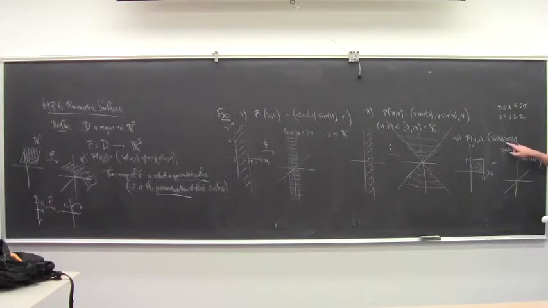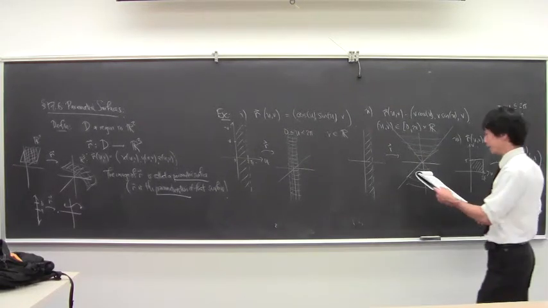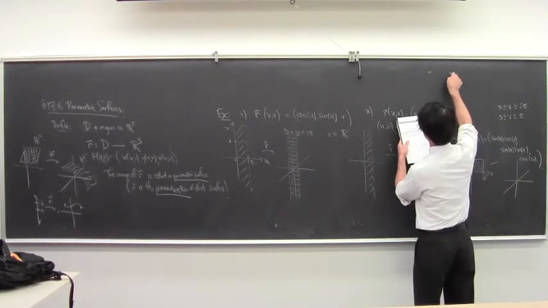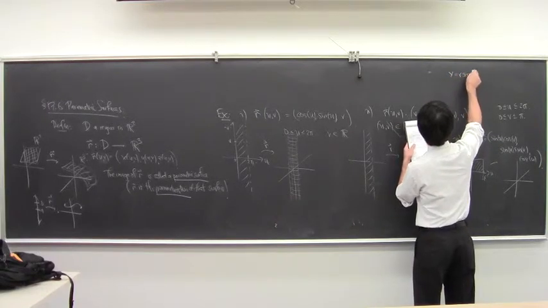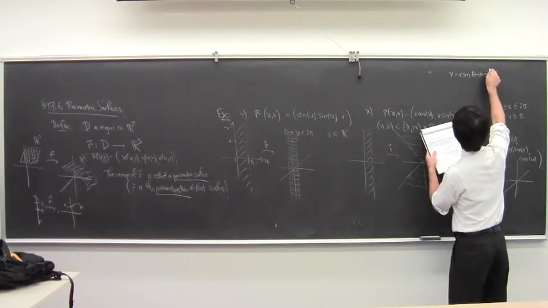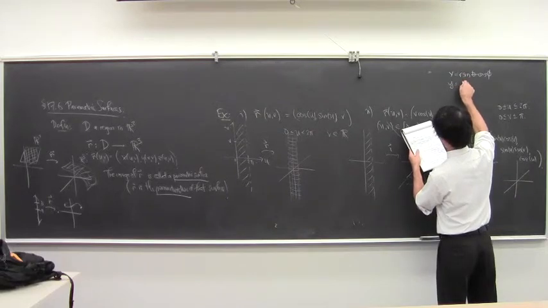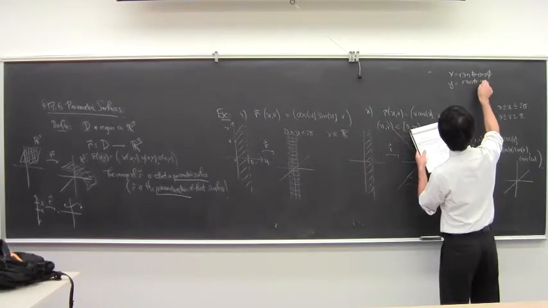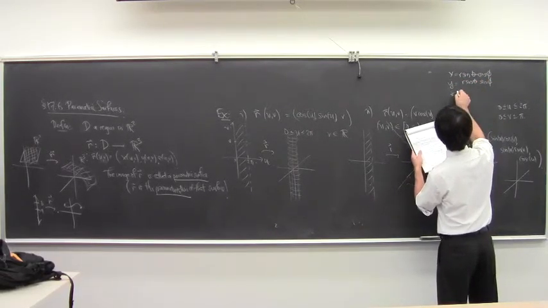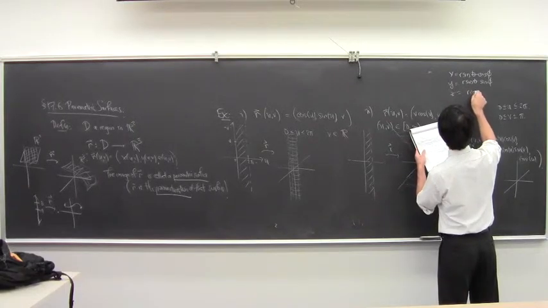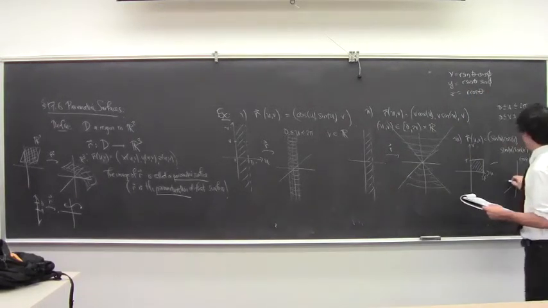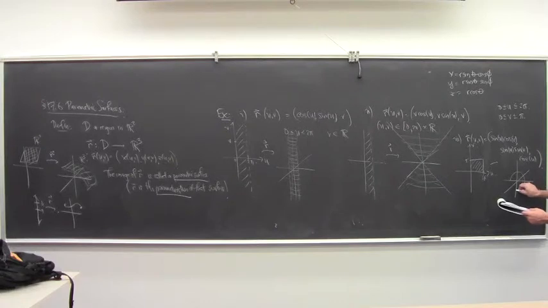So these are from the Cartesian form of the spherical coordinates. You remember that x was r sine theta cosine v, y was r sine theta sine v, and z was r cosine theta. So this is going to be a sphere of radius 1.